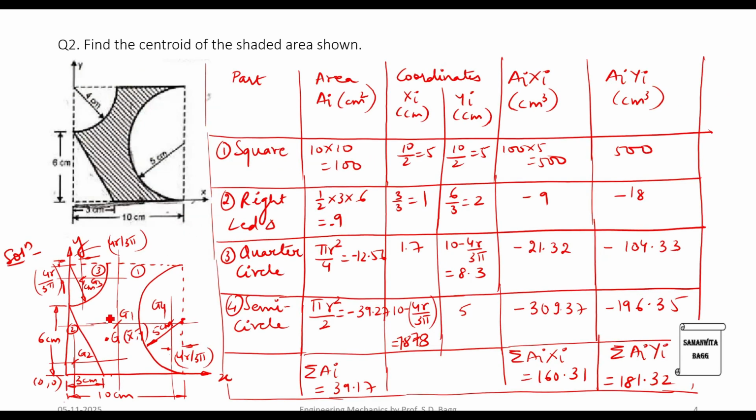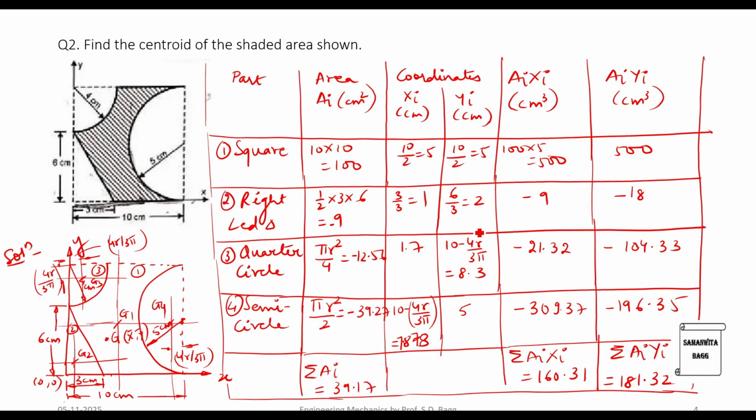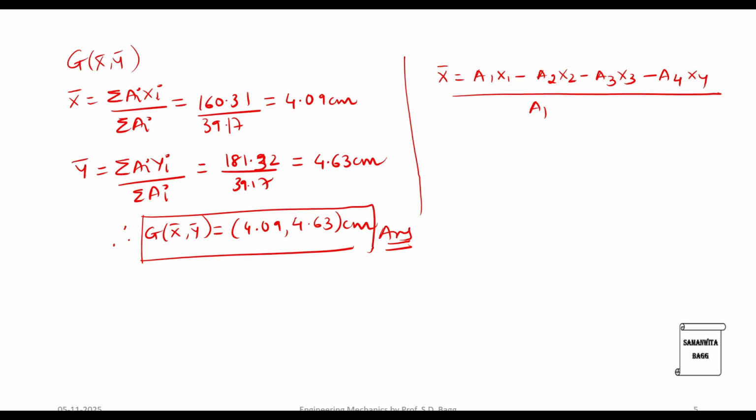You have to subtract 2, 3, 4 from 1 upon a1. Now, what do you do with the area? Do you have to subtract the area or do you have to add the area? If you look here carefully, the area has also been subtracted. So that's why we will use minus a2 minus a3 minus a4. And you get the same answer.